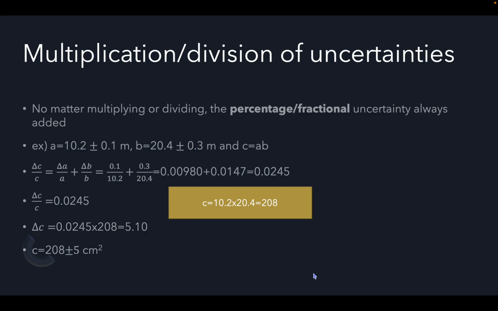Therefore, delta c would be 0.0245 times 208, because we multiply c to each side of the equation, and this gives us 5.10, and this would be the absolute uncertainty for the c value. So the final value we get for c would be 208 plus or minus 5 centimeters squared. Okay, thank you.